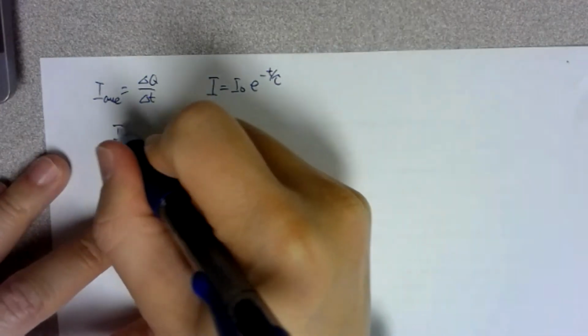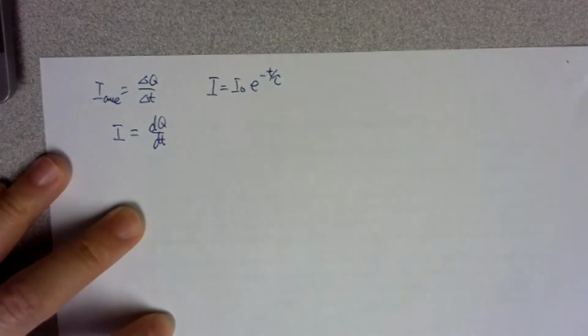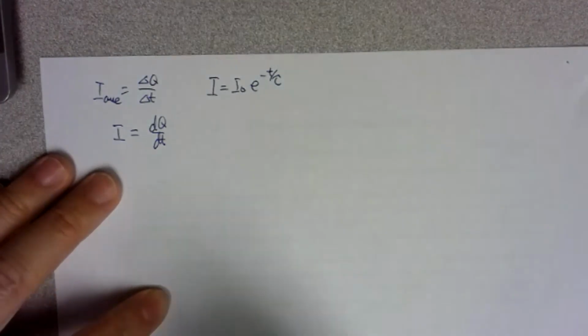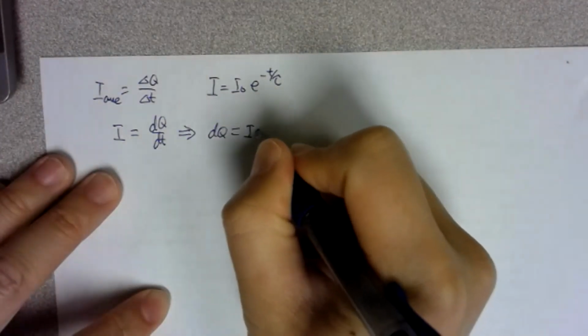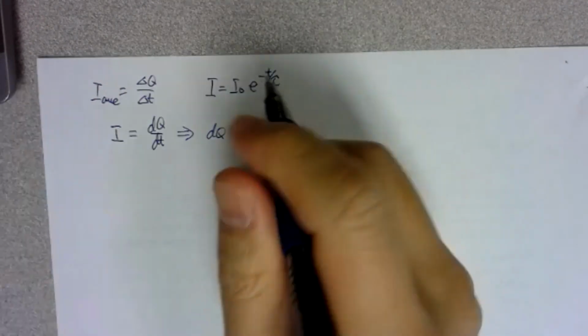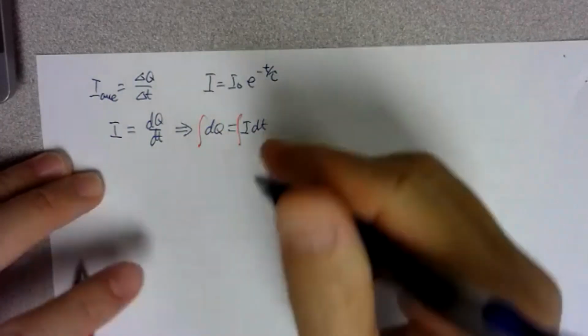That means I equals derivative of Q over derivative of T. And it wants to calculate how much charge, so you are going to start with this. You write dq equal to I times dt, and then you integrate for the total q.